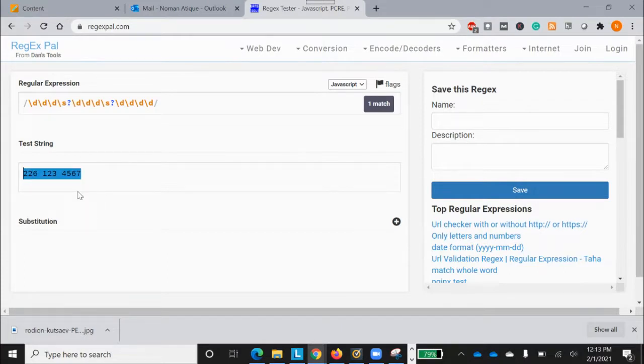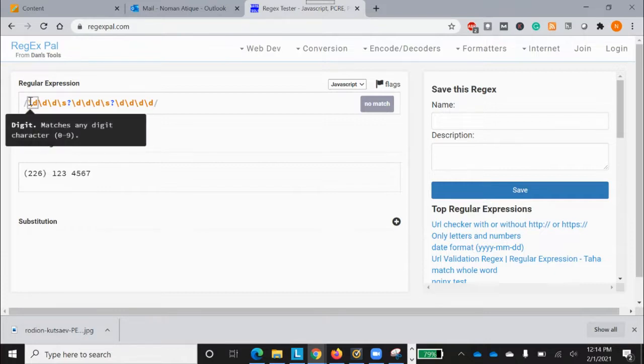Some people do something like that, this bracket sign, close bracket sign. So if that is coming, again, my characters are not recognized. So for that, what I'll do is, before these 3 digits, I will place a bracket sign.